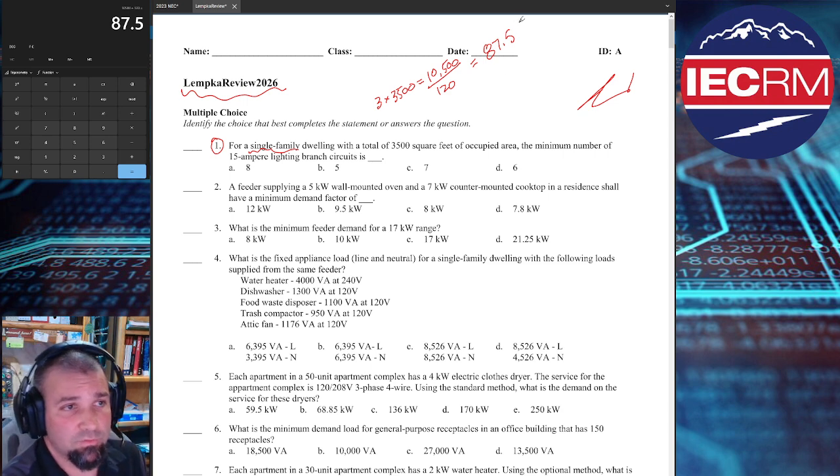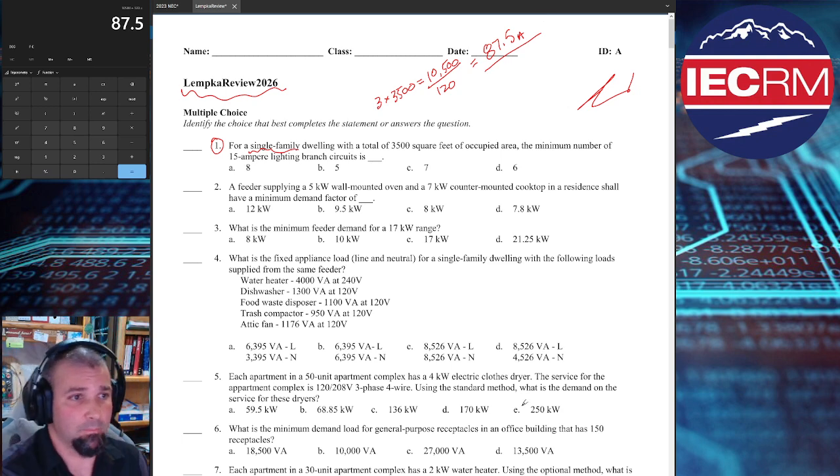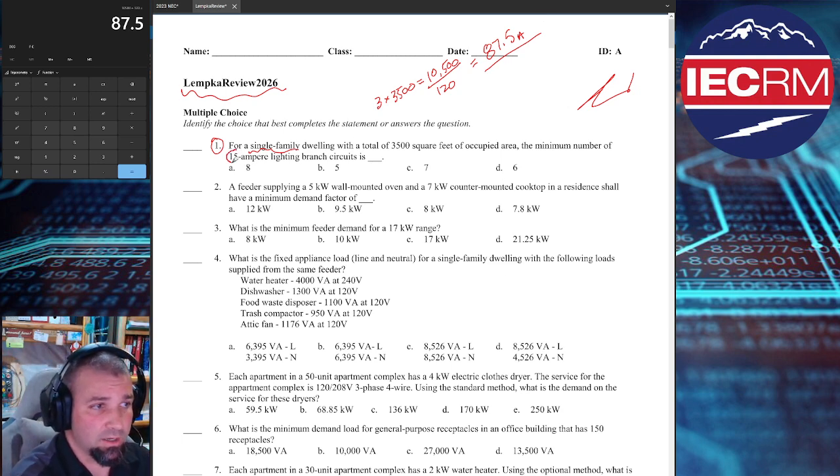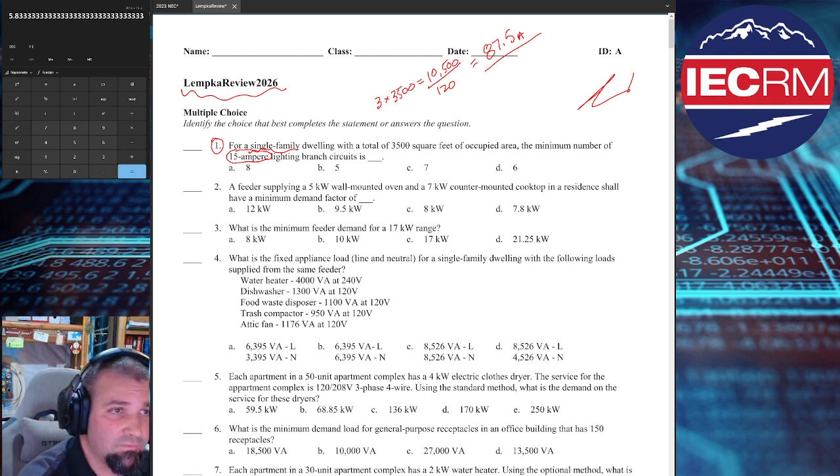So I get 87.5 amperes here, and I'm going to divide that by whatever size circuits I'm talking about. In this case, I'm talking about those just general purpose 15 amp lighting branch circuits. So I'm going to take that 87.5 and I'm going to divide it right out. Divided by 15 here, and I'm going to get 5.83 circuits.